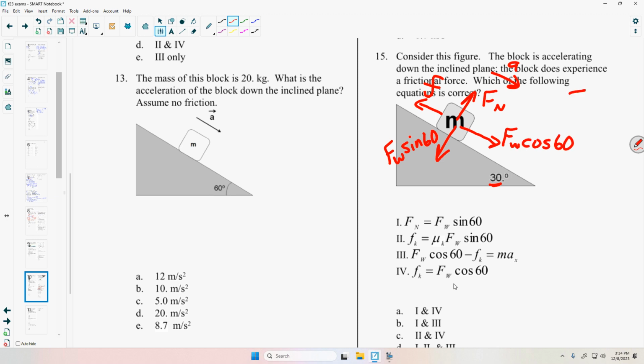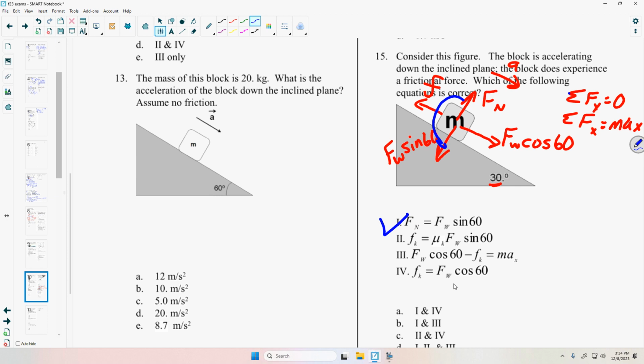And I know that the sum of the forces in the y direction is equal to 0, and the sum of the forces in the x direction is equal to max. In the y direction it's 0 because a_y is equal to 0. So let's look at these. If Fn equals Fw sine of 60, since these two are opposed to one another and the sum of the forces in the y is 0, that is correct.